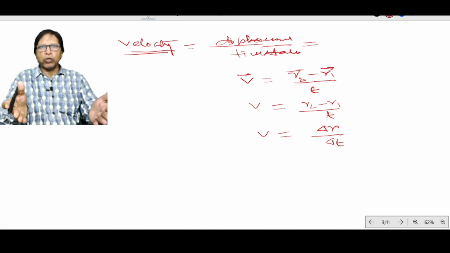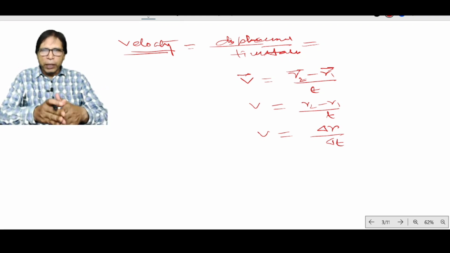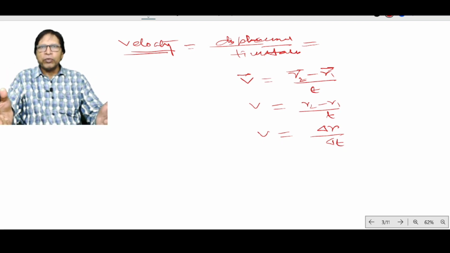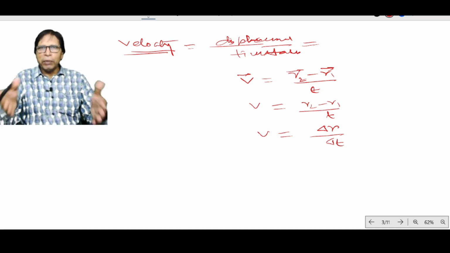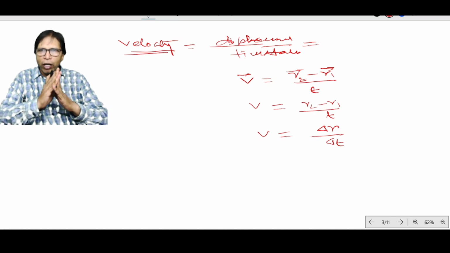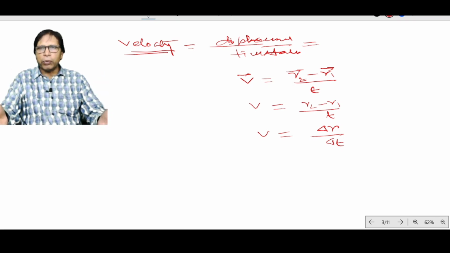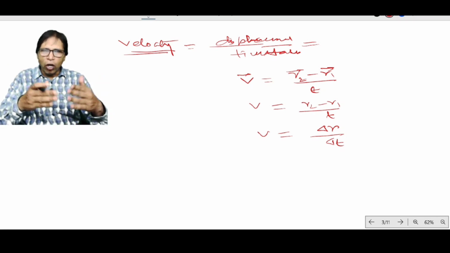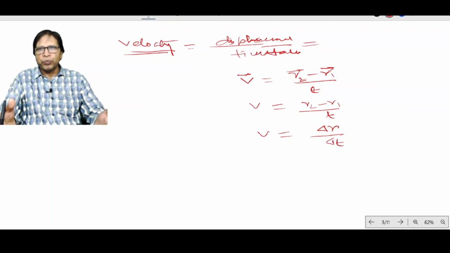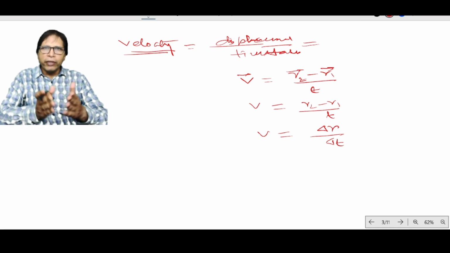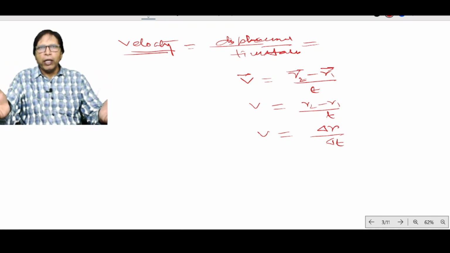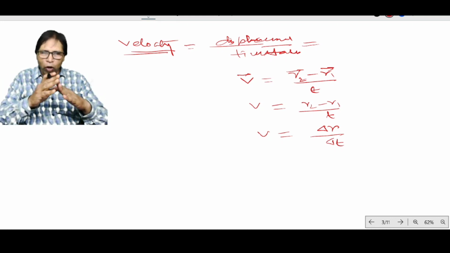Now uniform velocity. If displacement of a particle is equal in equal time intervals, then it is called uniform velocity. If the displacement of a particle is not equal in equal intervals of time, then it is called non-uniform velocity. Okay, look at this. If velocity is uniform, then speed is also uniform, because velocity has both magnitude and direction, but speed only magnitude.